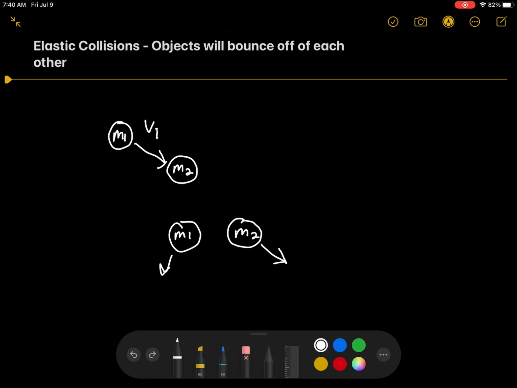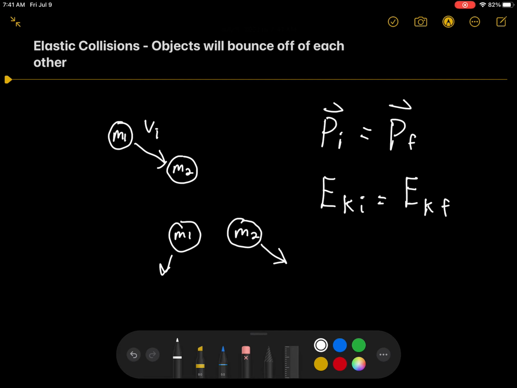For elastic collisions, you are going to need to use two conservation equations. The first, of course, is going to be momentum. The momentum initially is going to equal the momentum final after the collision, and you're going to need to use the conservation of energy. The kinetic energy initially is equal to the kinetic energy after the collision.